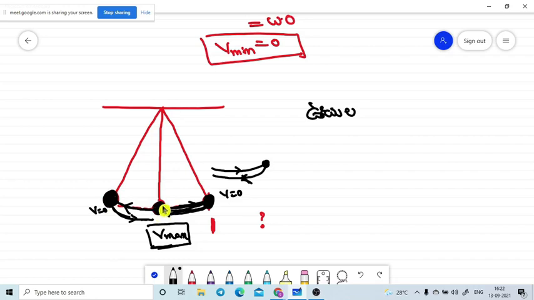At the mean position, the tension is in the upward direction and the weight is acting downward. Both are balanced, that is why the particle is here. But at the extreme point, the total net force acting on the body is not equal to 0. That is why the resulting force will act towards the mean position. The resulting force always acts towards the mean position, that is why the particle always tries to come to the mean position.